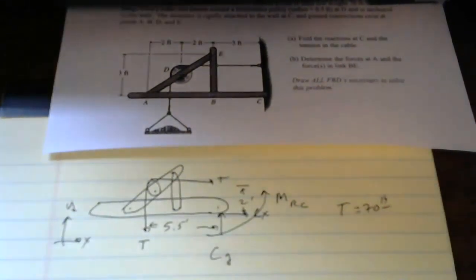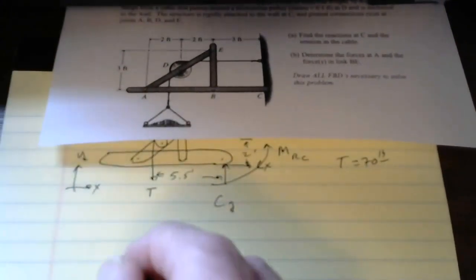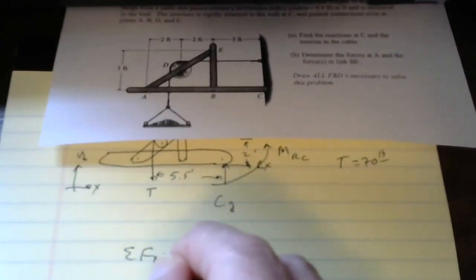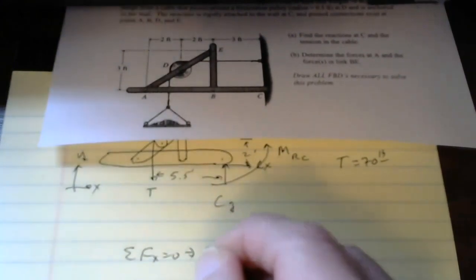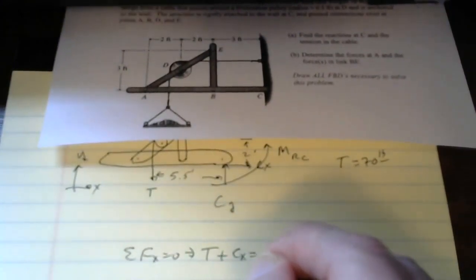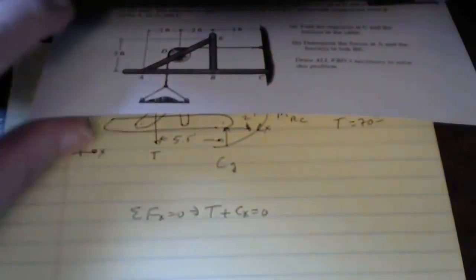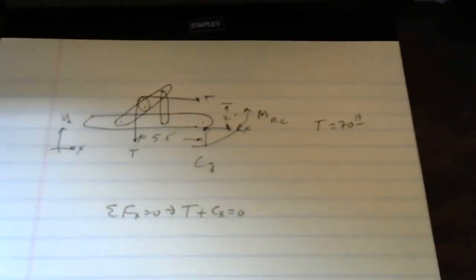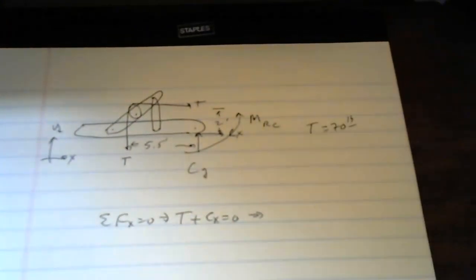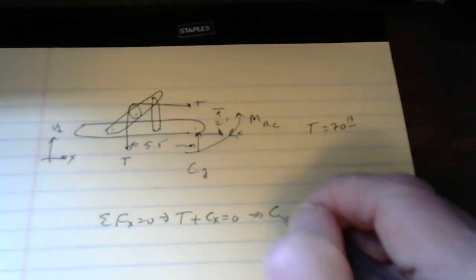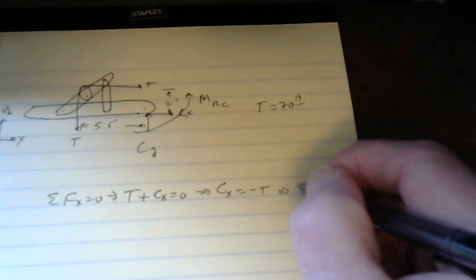All right. So 3 equations of equilibrium. Sigma Fx is equal to 0. That's just T plus Cx is equal to 0. So Cx is equal to minus T. T is 70 pounds, so Cx is minus 70 pounds.